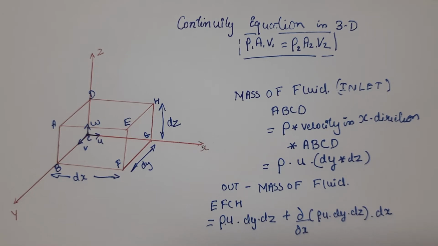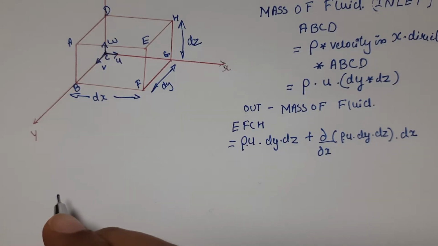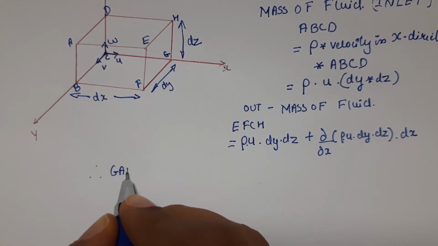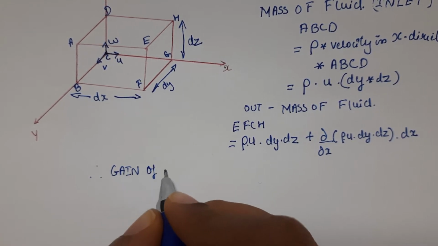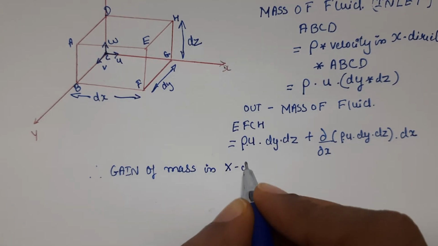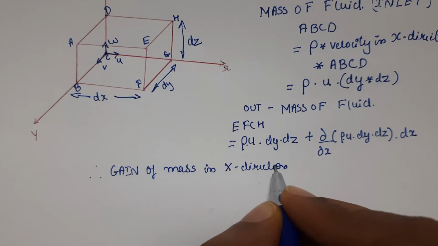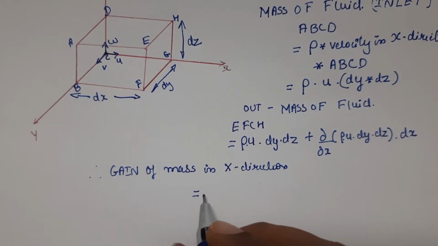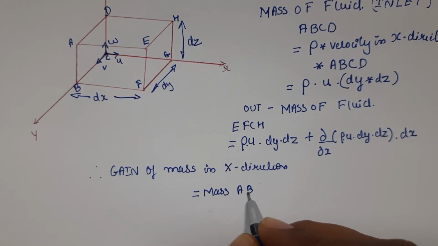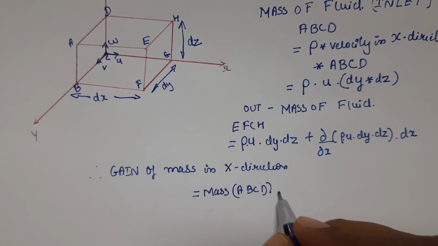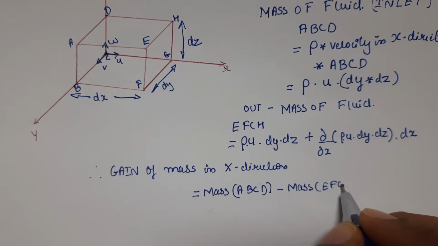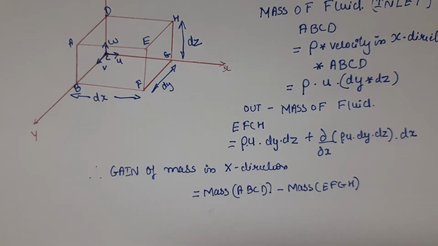Now let us take the gain of mass. The gain of mass in the x direction will be equal to the mass of fluid through ABCD minus the mass of fluid that passes through EFGH per second.